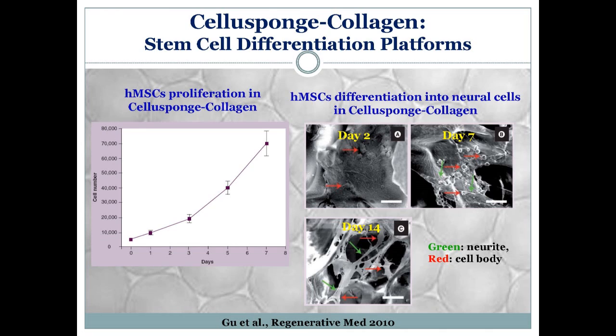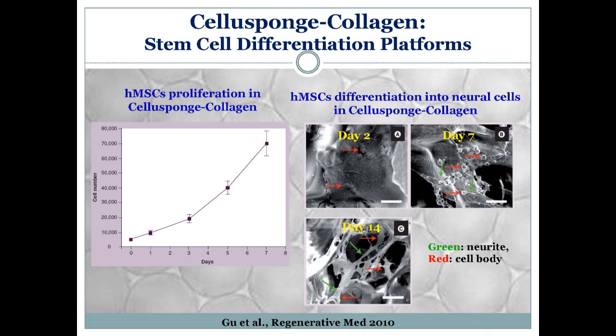In the photos on the right, human MSC in neurodifferentiation medium for 2 days, 7 days, and 14 days. In the photos of 14 days, we see that human MSC could be induced to differentiate into mature neuron or glial cells.